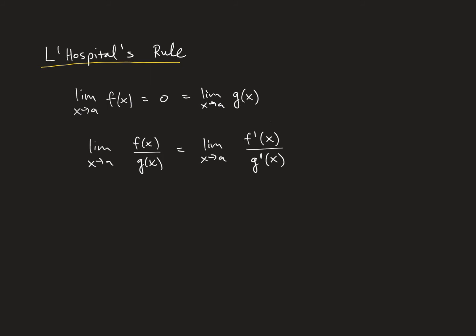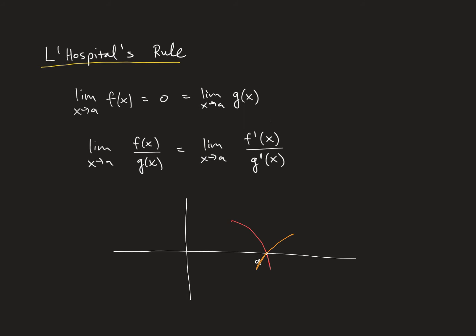But I think the basic idea is kind of this: you have your function f, and it's limiting to 0. So let's say this is going to be your a here. And you have your function g, which is limiting to 0 at a.